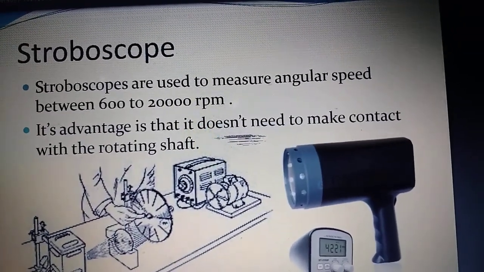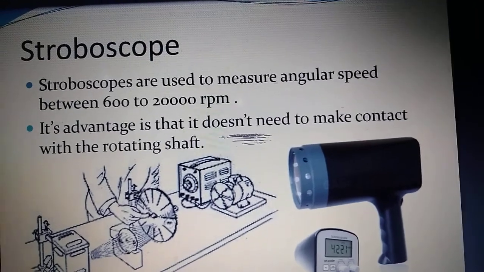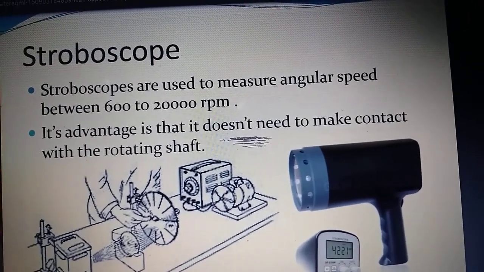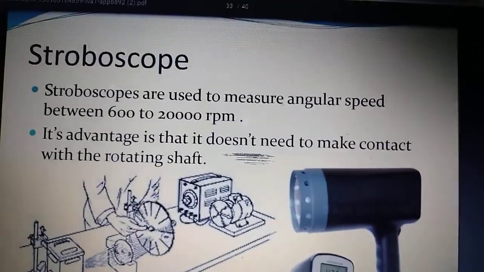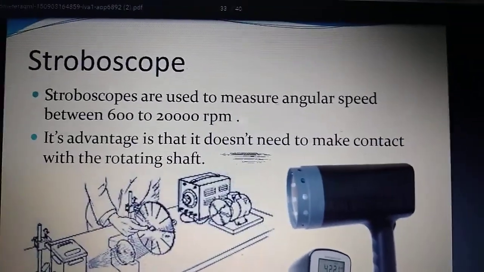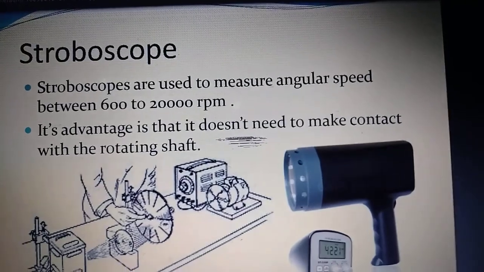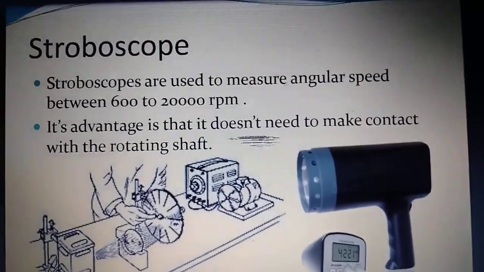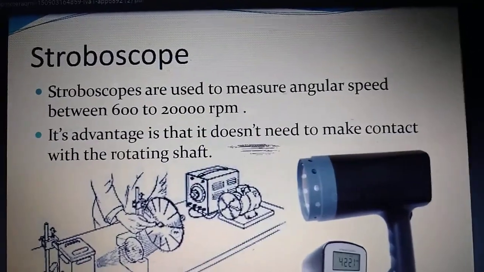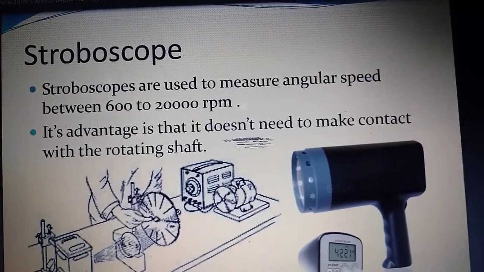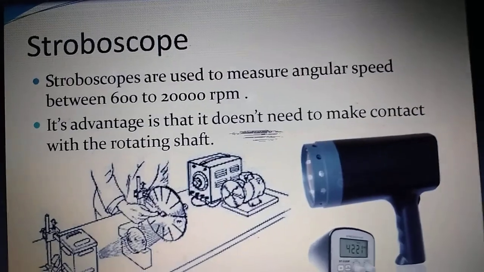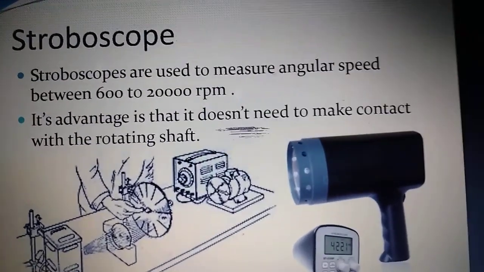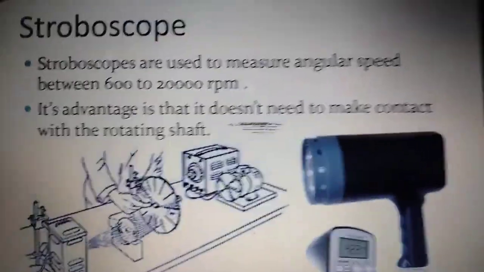Let us assume the input shaft is rotating anti-clockwise and the disc shaft also rotates in the same direction. The disc is marked with one marker, and it moves with the same speed and same direction as the input shaft.